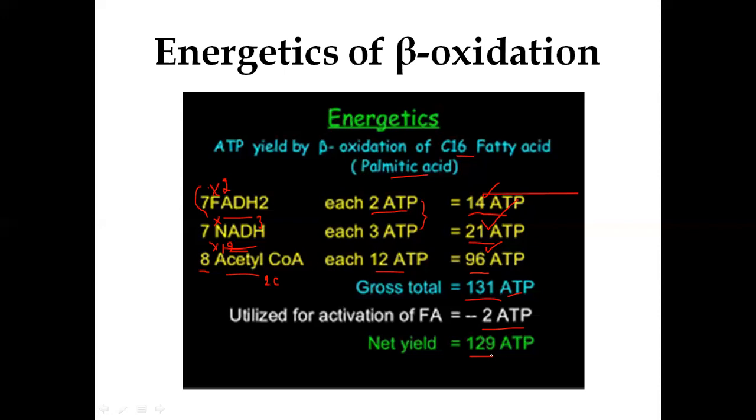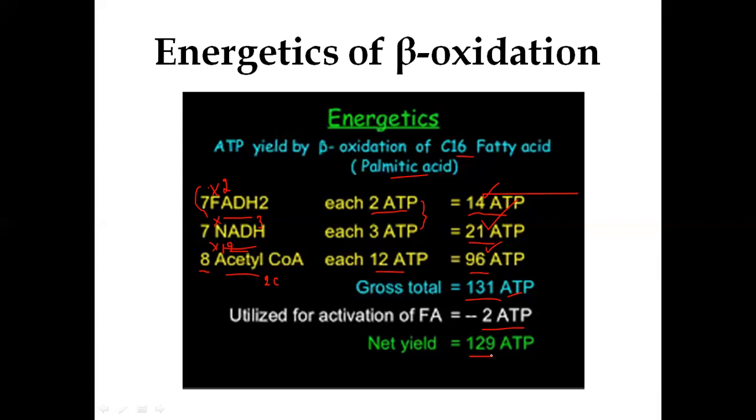That is the net yield of ATP molecules for any metabolic reaction. By the beta oxidation of palmitic acid, the net yield of ATP is 129 molecules.